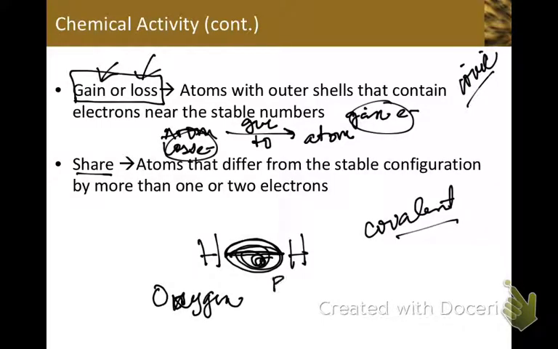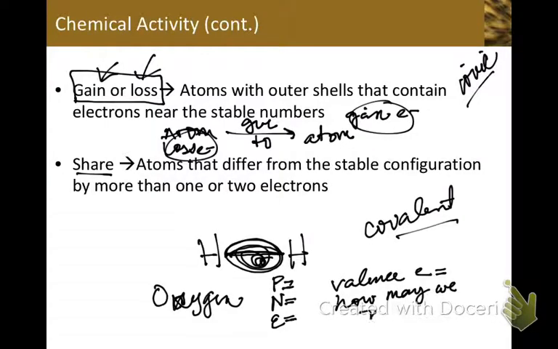Tell me how many protons, how many neutrons, how many electrons, how many valence electrons it has, and how many we need for it to be stable. And then I'll start that in the next video, and then we'll be concluded for this set.